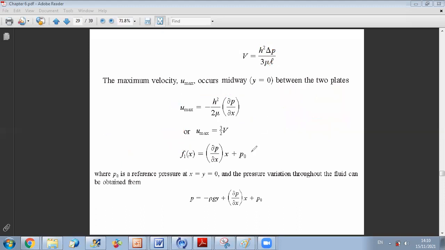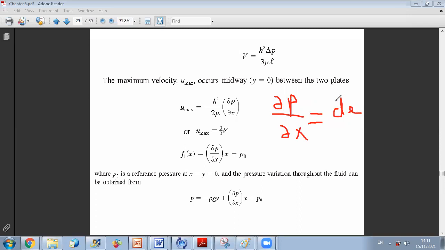Okay. And finally, what about the pressure variation? If you want to get an equation for the pressure variation, you should go back to the relations that you have, that del P by del X is a constant. Del P by del X is constant.